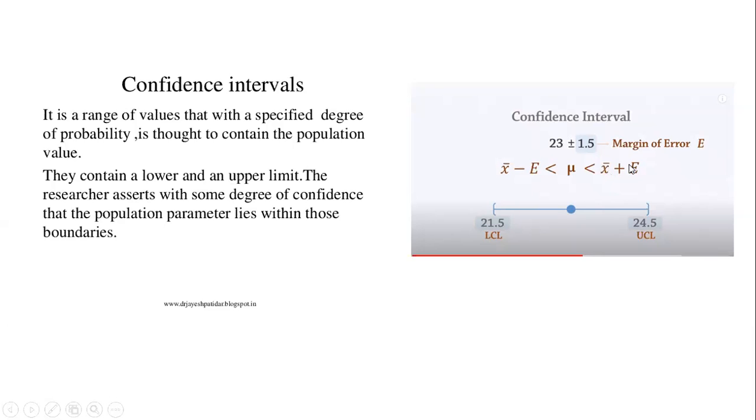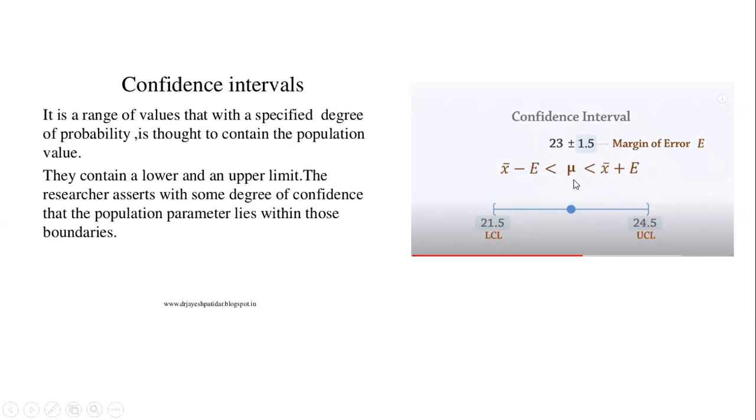E is the margin of error, right? So here you can conclude this way: the mean of the population lies between 21.5 and 24.5. That is, you are 95% confident that the mean of the population, or 23, lies between 21.5 and 24.5. That is how you interpret your confidence interval.